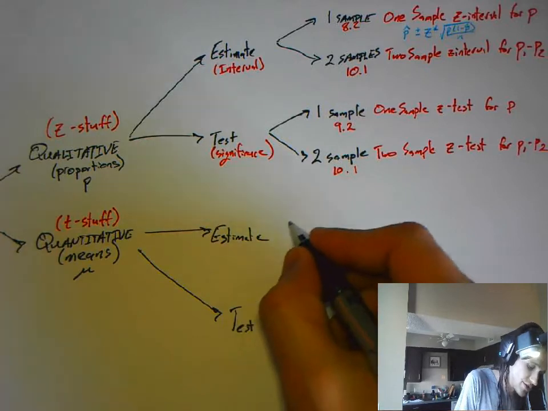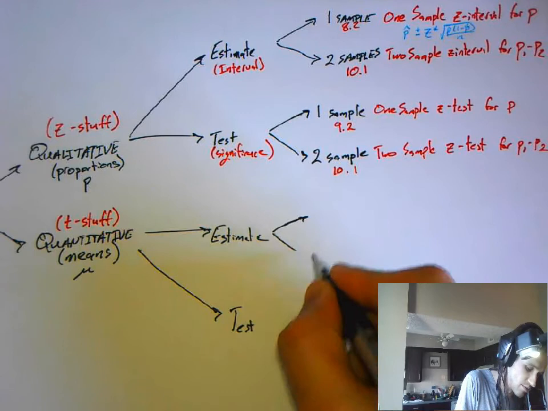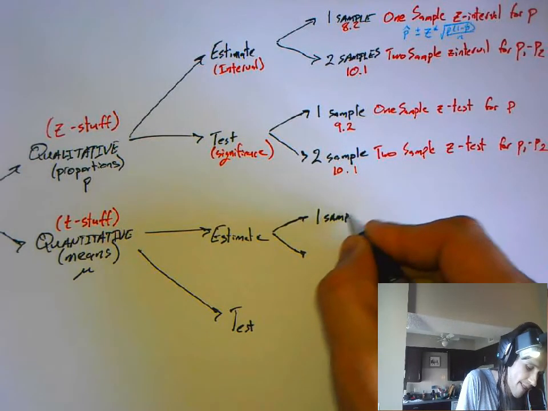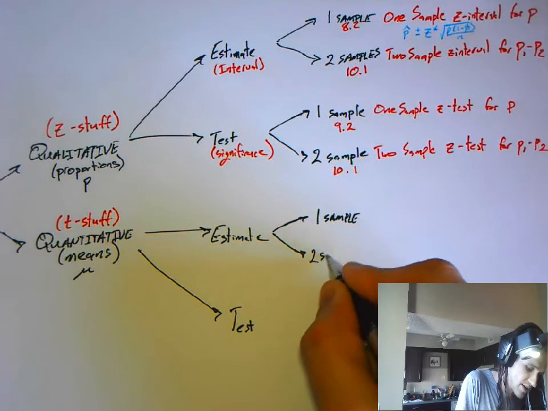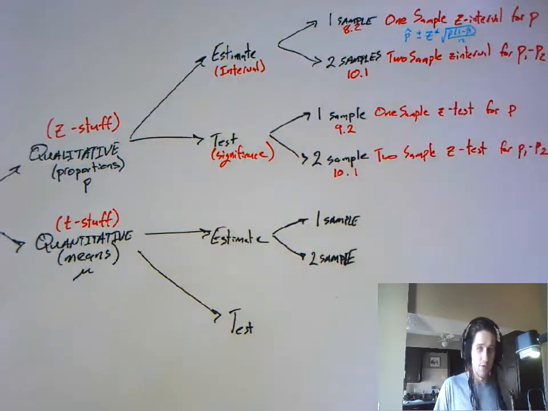All right. So what are we going to have? We're going to have one or two sample estimates of the mean, or mean difference. We're going to have the one sample case, or the two sample case. And what are these things called?